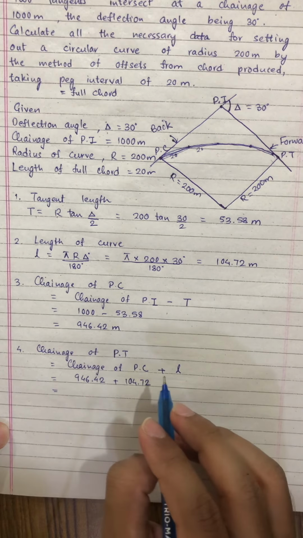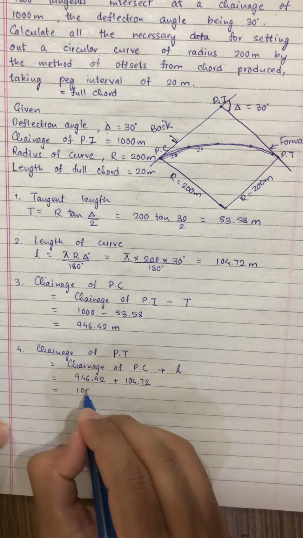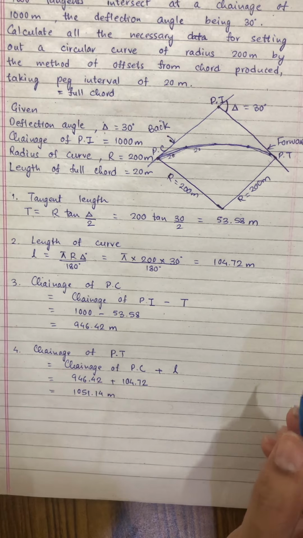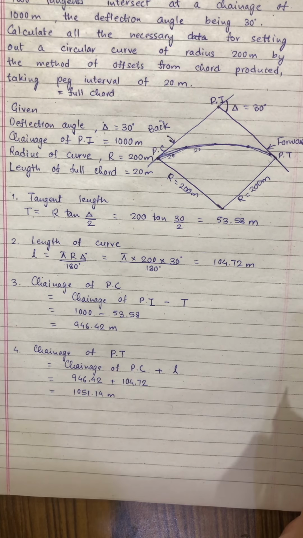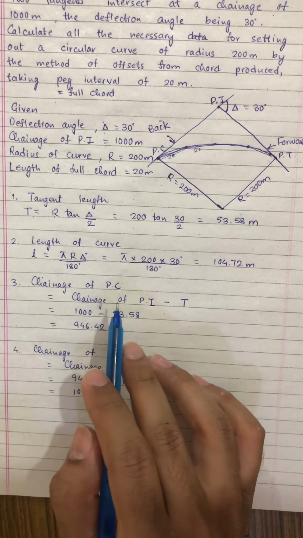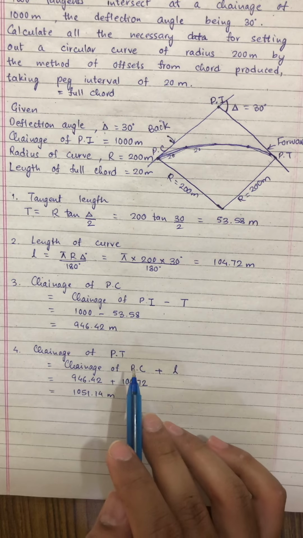This value comes out to 1051.14 meters. You can calculate this value. Now we have found the tangent length, length of curve, chainage of PC and chainage of PT.